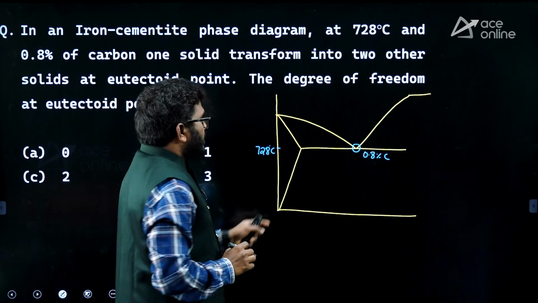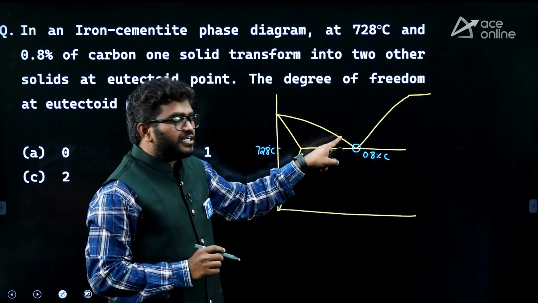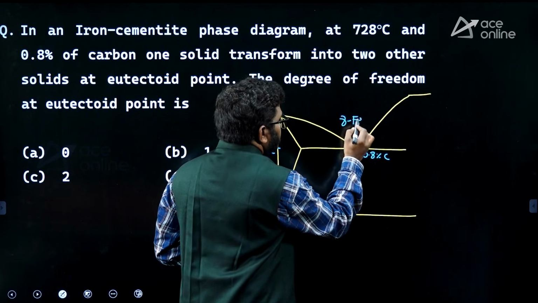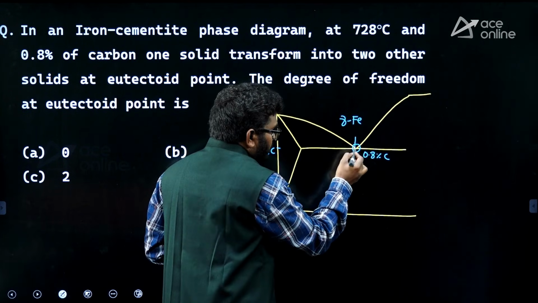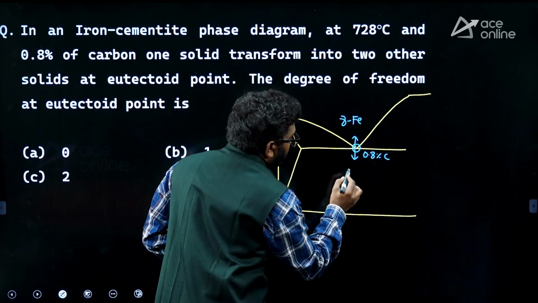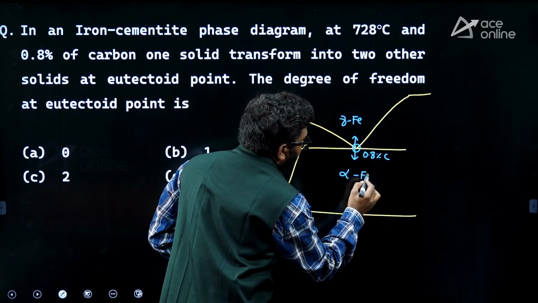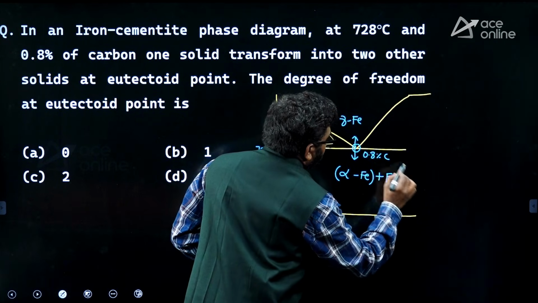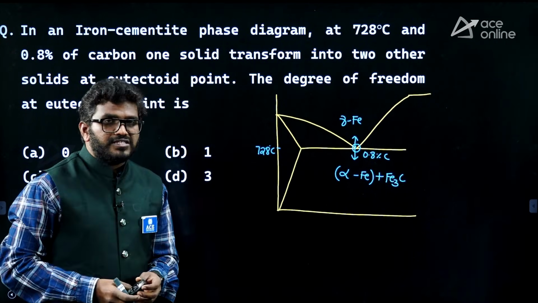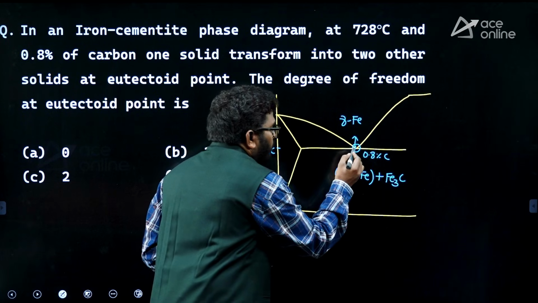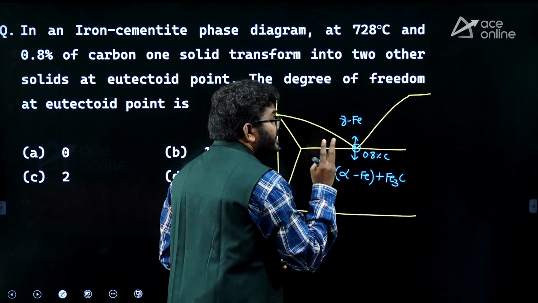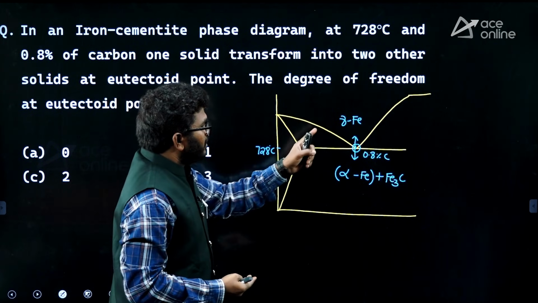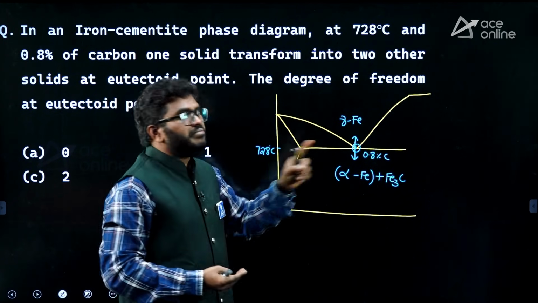At this composition and at this temperature, gamma iron, one solid, transforms into alpha iron and cementite. So at this point, the iron carbon alloy has 3 phases: gamma iron, alpha iron, cementite.